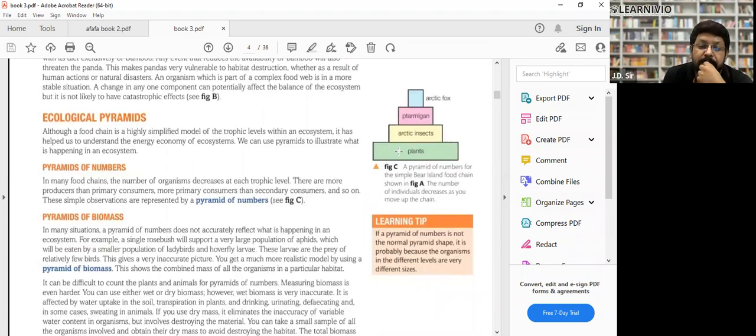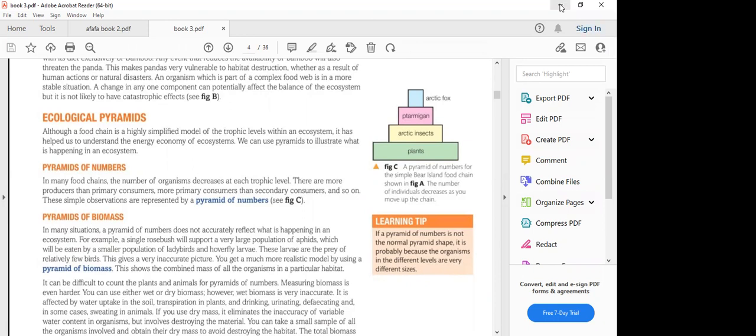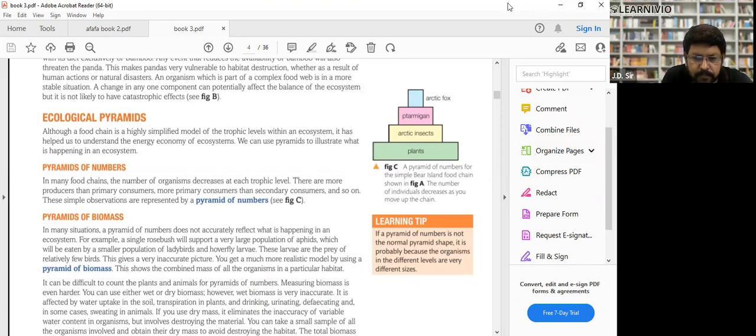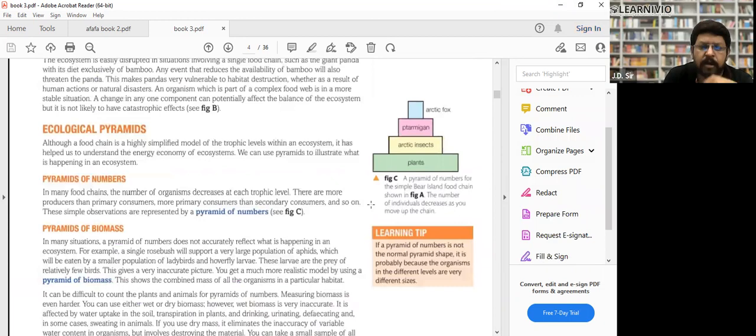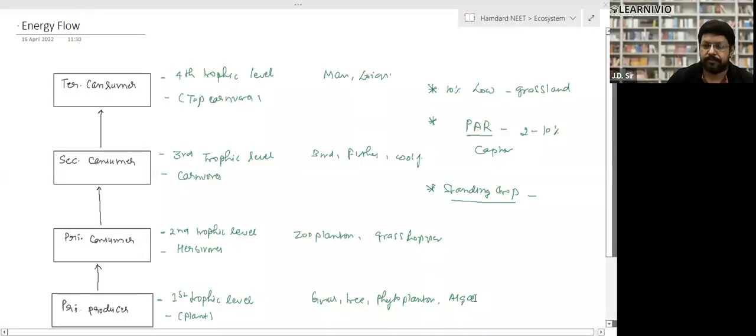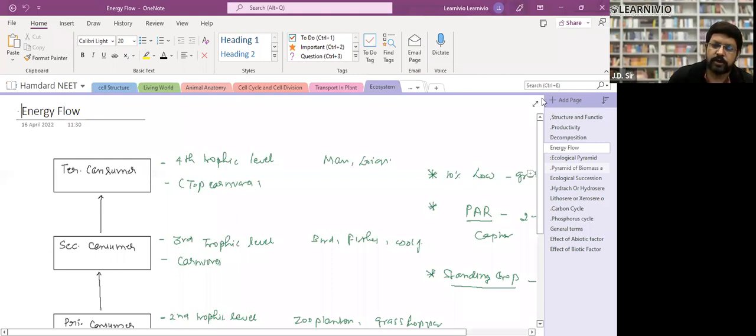Now, what are the ecological pyramids? Let me tell you what the ecological pyramids are.